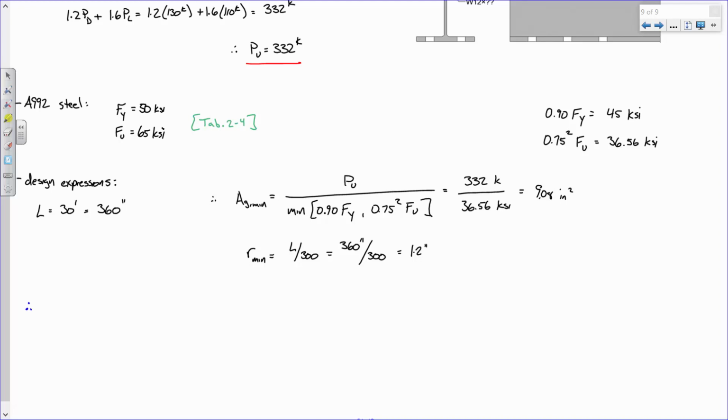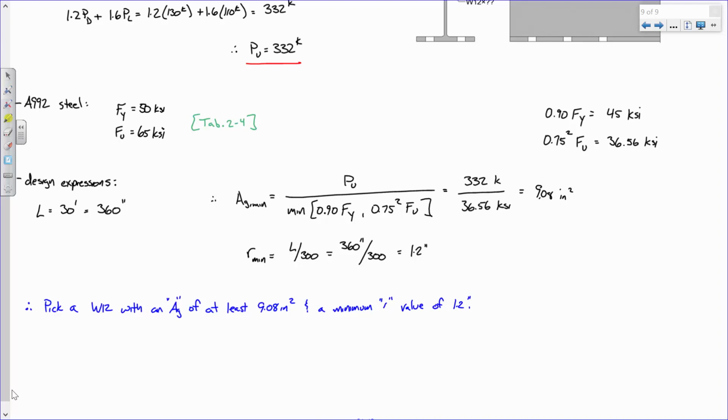So therefore, pick a W12 with an AG of at least 9.08 inches squared and a minimum R value of 1.2 inches. That's what that means.